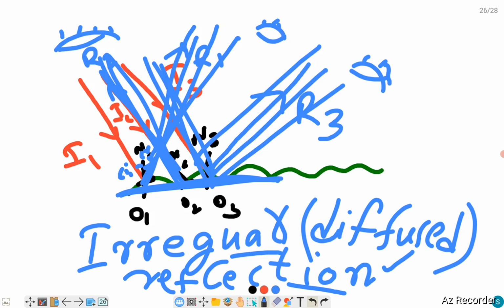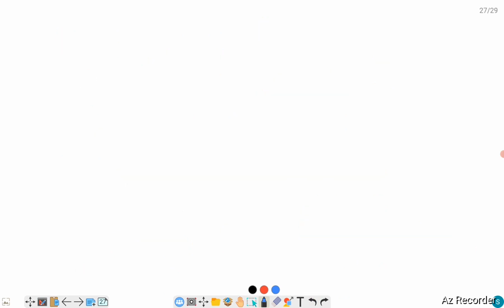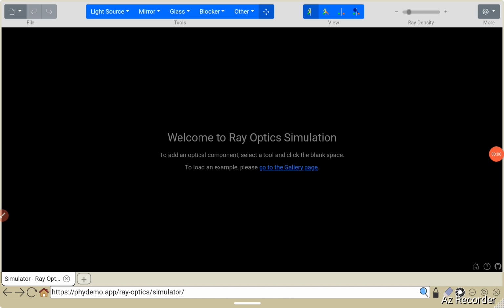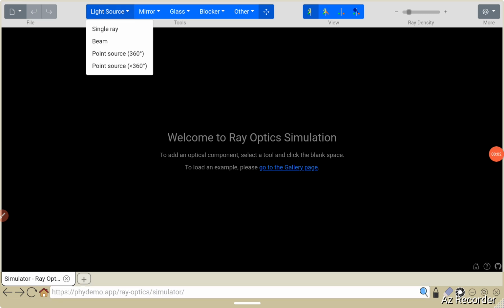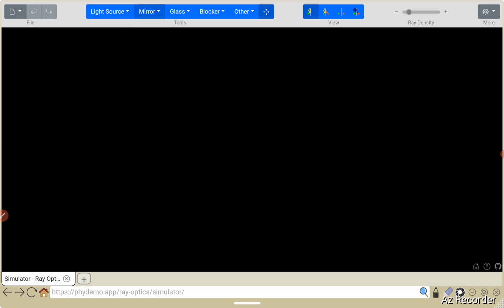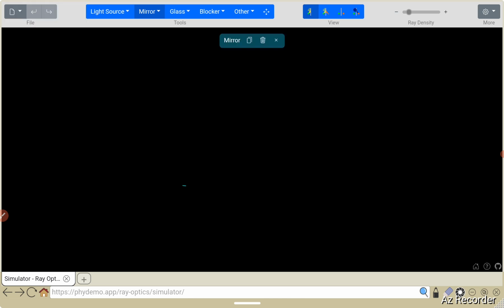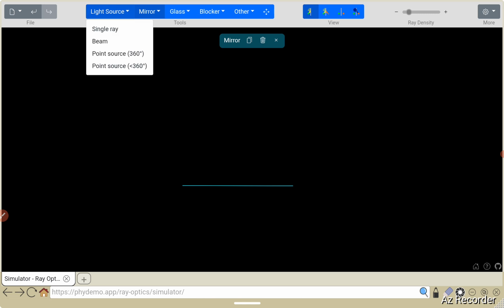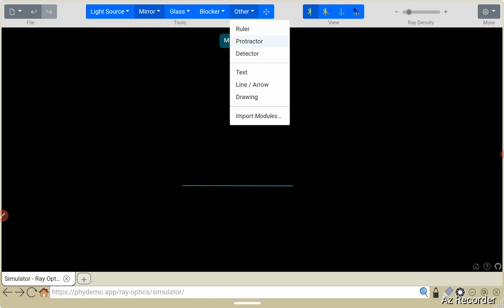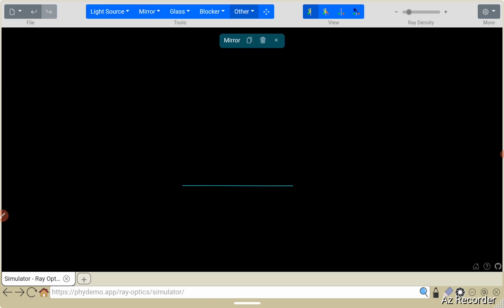Then let's see when we take a single ray on the mirror which is incident normally. Now this is the mirror segment. Now I am taking, first let me take the protractor and we will draw the normal first. Okay. Now this is the protractor we have and let me shift it here.